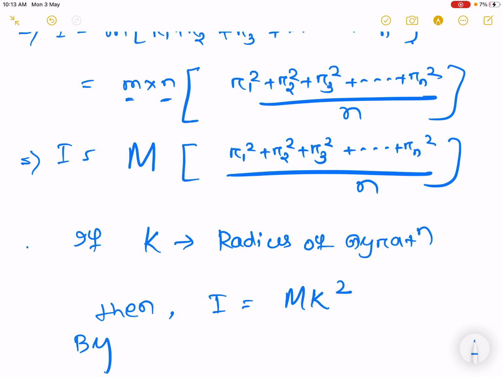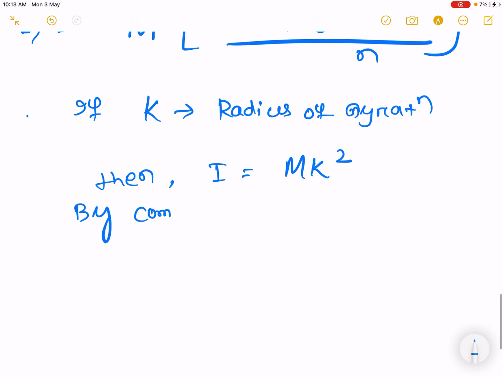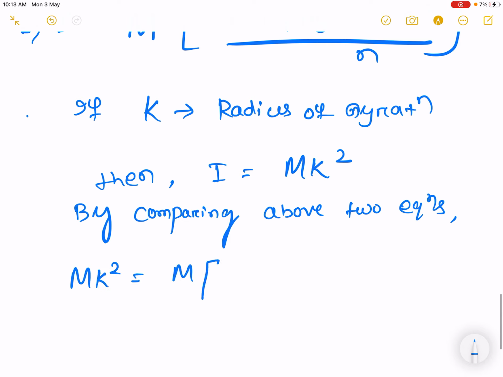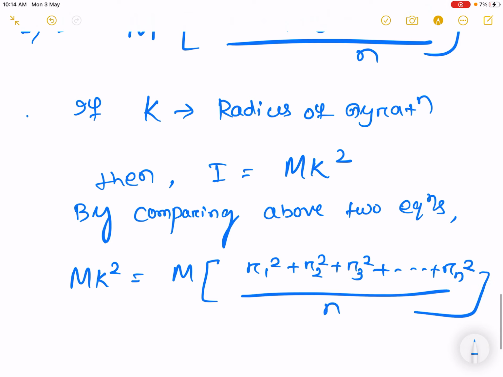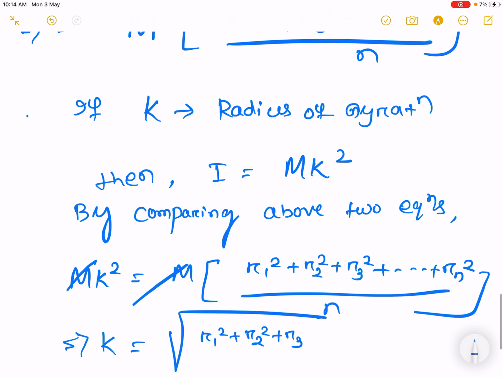By comparing the above two equations, Mk square equal to M into r1 square plus r2 square plus r3 square plus up to rn square by n. M cancels, so the formula of k is root over r1 square plus r2 square plus r3 square plus up to rn square by n.